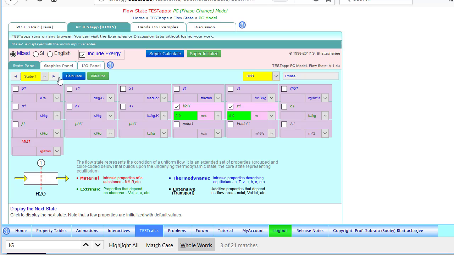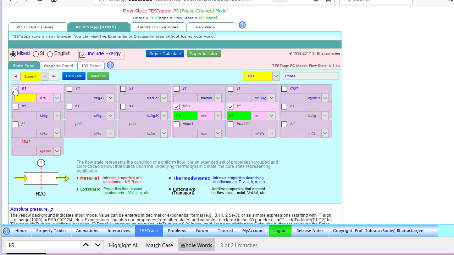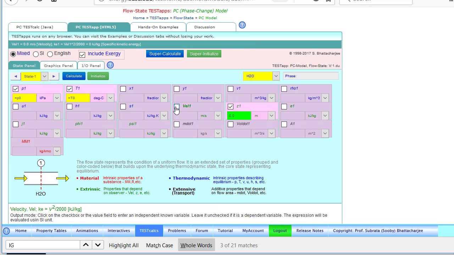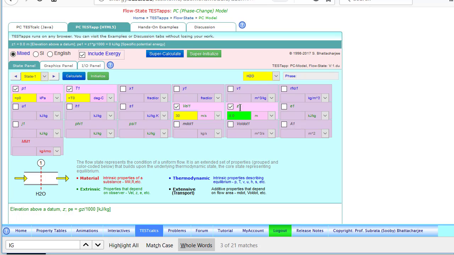Alright, and now for state 1, we're told that pressure 1 equals P0 or 1000 kPa. Same thing for T1 equals T0 or 400 degrees C. And we're given velocity is 30 meters per second. It didn't say anything about height, so we always just assume Z is 0 whenever it doesn't say anything.